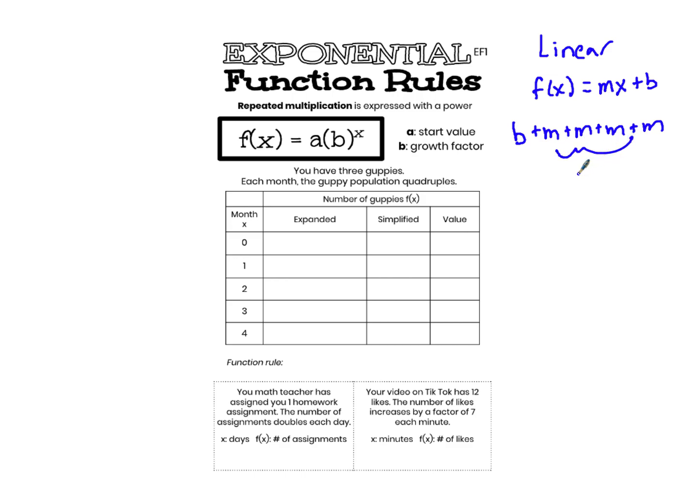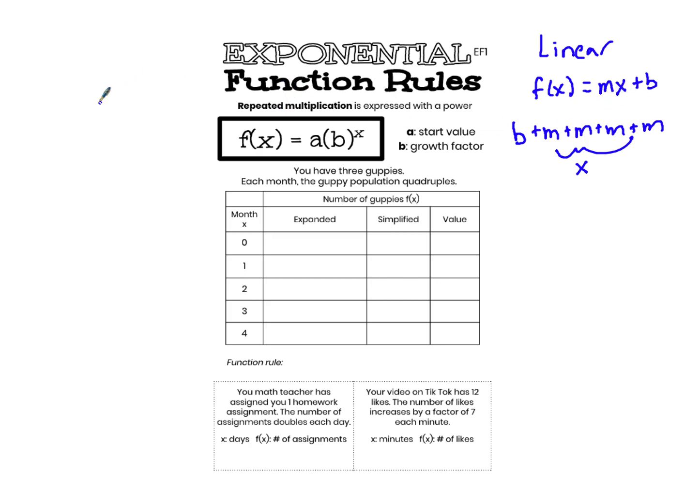I add m x times, where m is my rate of change. So instead of writing plus m, plus m, plus m, plus m, I represent that repeated addition of my rate of change with multiplication, m times x. So a linear pattern is one in which I have repeated addition, which I represent with multiplication.